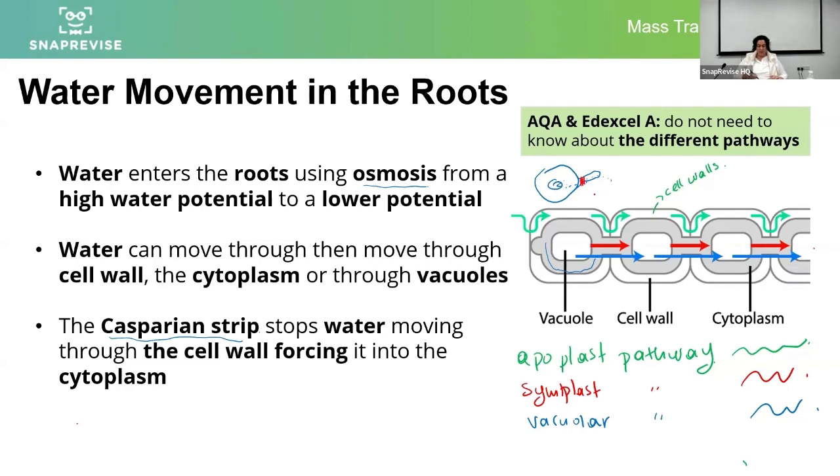And what it does is that the Casparian strip is made of a waxy substance, and I know that waxy substances don't allow water to move through them. And so what it effectively does is force the water to quit the apoplast pathway and travel intracellularly, which is important to be able to control its movement more.